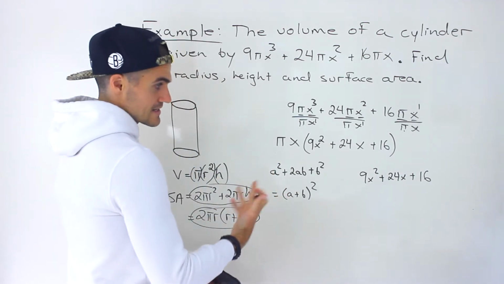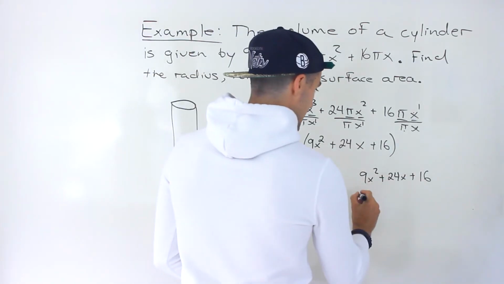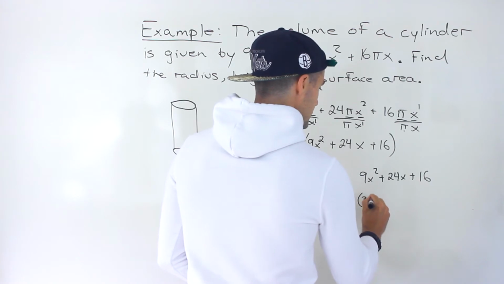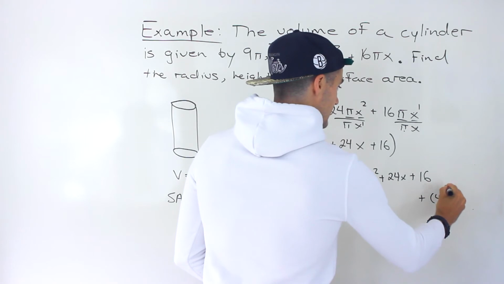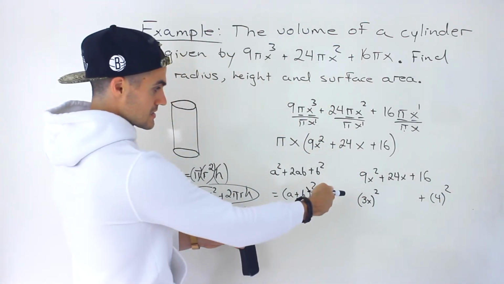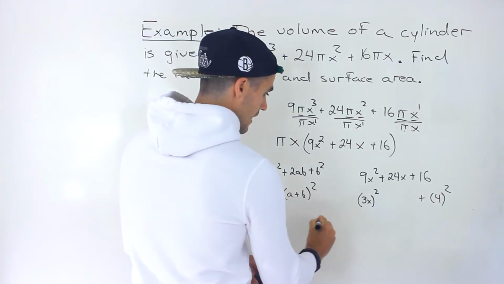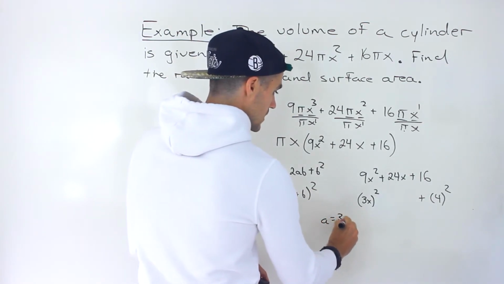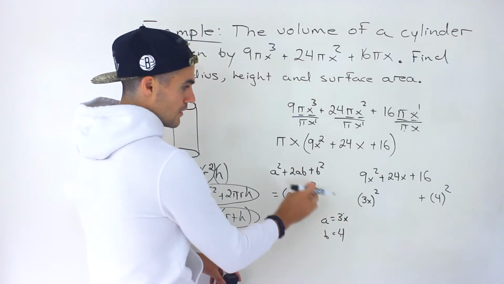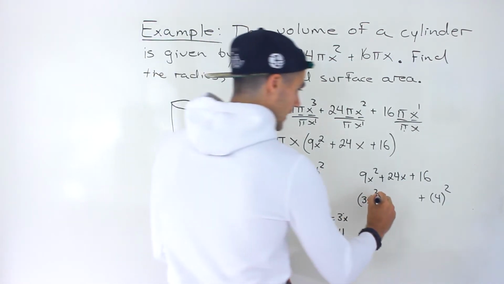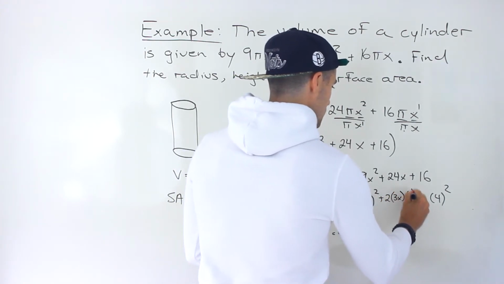So to recognize that, if your teacher is requiring you to use this formula, you can take this and rewrite it as 3x squared. I'm going to work with the ends first, because with the ends, notice that's the a squared and the b squared, so we could tell that the a value in this case is 3x, the b value is 4. And then if we plug those into this middle term, we'd have plus 2 times the a value, which is 3x, times the b value, which is 4.